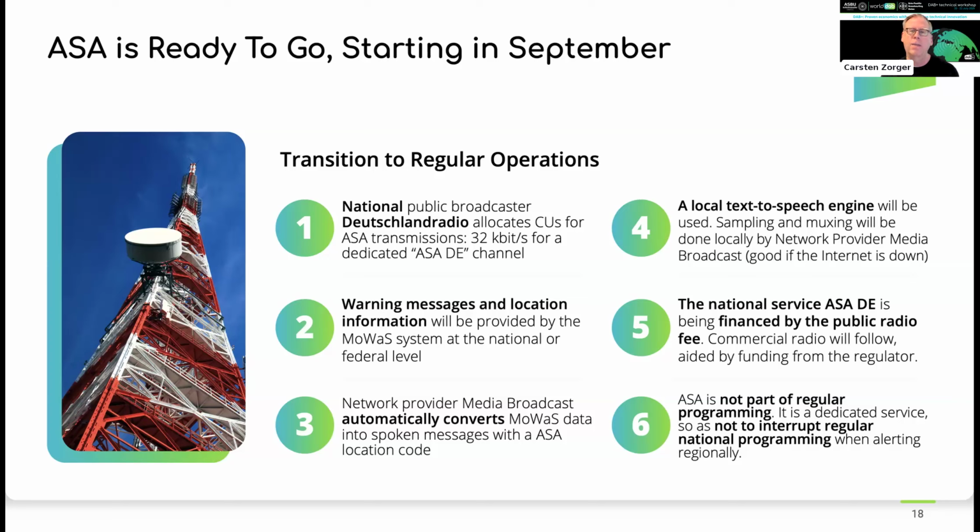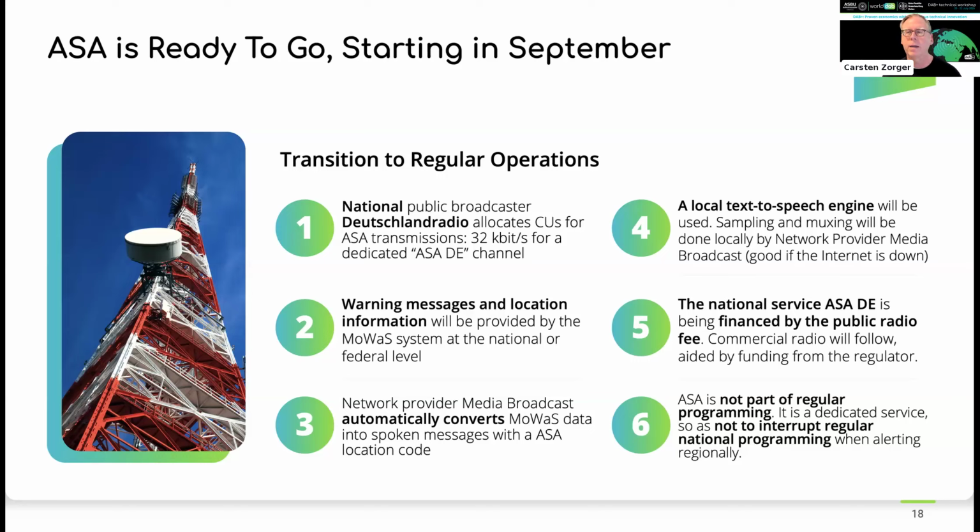Then our colleagues at the network provider Media Broadcast will automatically convert the data into spoken messages with the ASA location code. This is like a formula. And number 4, they use a text-to-speech engine, and they use a local one, because using a local text-to-speech engine is always a good idea if the network is down, if the internet is down.